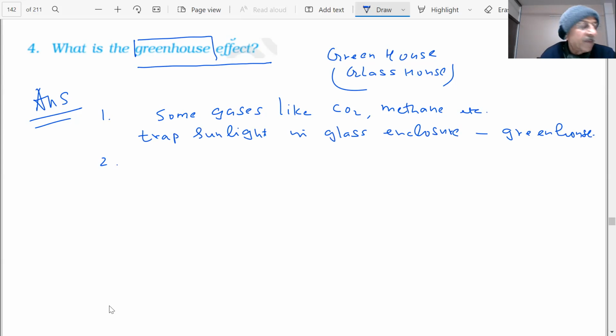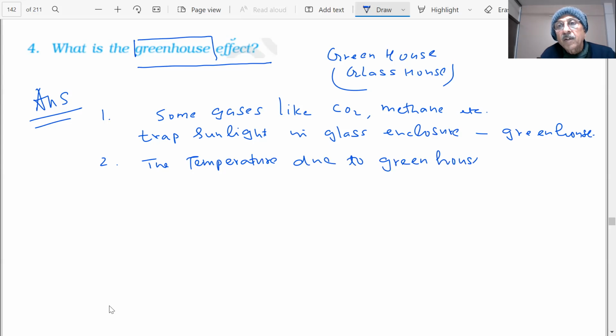What happened then? The temperature due to the greenhouse effect, student, rises.